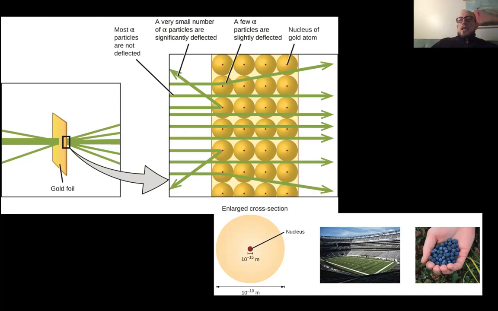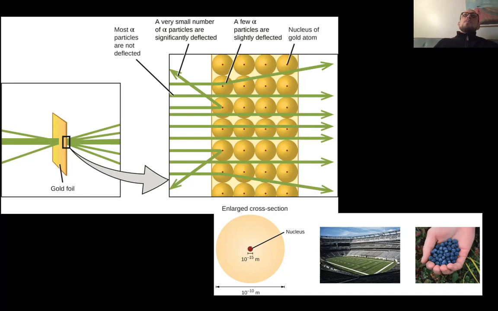This is much the same as comparing a blueberry on the very far right to a stadium in the middle. This is the same sort of length comparison you might have, imagining the blueberry being the nucleus of an atom and the stadium being the entire atom.